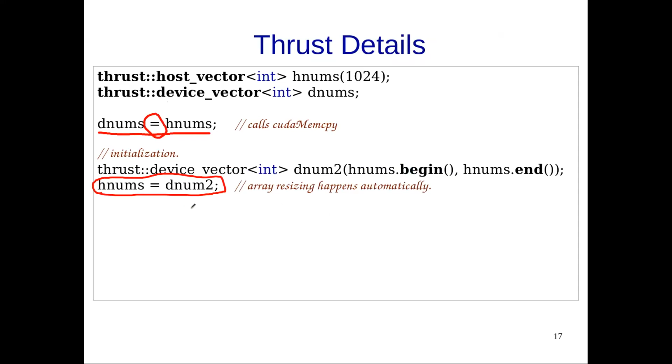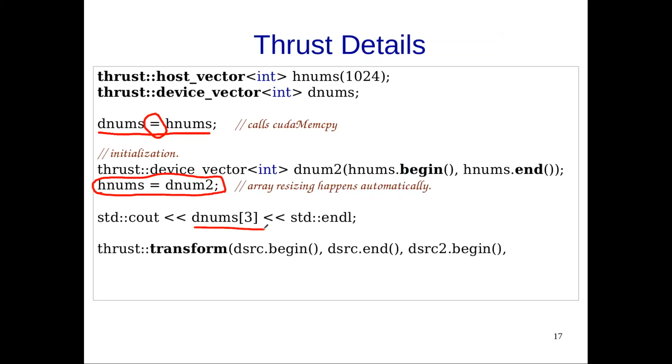In this case it's probably not required, but in general there might be resizing happening. That means there is a CUDA free as well as a CUDA malloc happening. That may not be known to you unless you look at it very carefully. Now that you know some part about CUDA, all of this is actually happening underneath, so you should be aware. Even for dnums of 3, there is a CUDA memcpy happening, because you want to copy the memory from device to host, which can be printed on the CPU.